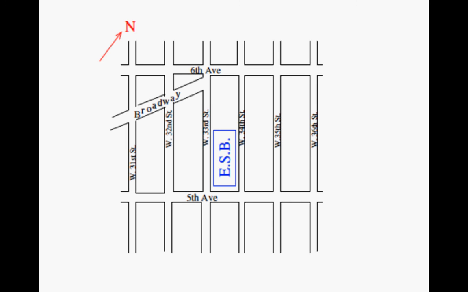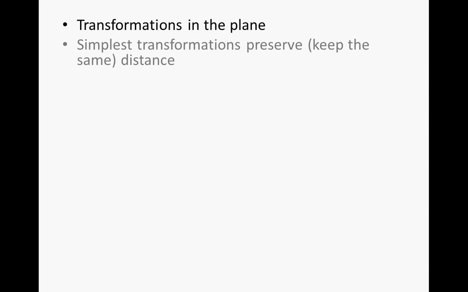Transformations can be defined on spaces of any dimension, but for now we are only concerned with transformations in the plane. In the sense that the transformations are those that assign a point of the plane to another point in the plane. Transformations can be complicated, meaning the rule in question can be quite convoluted.